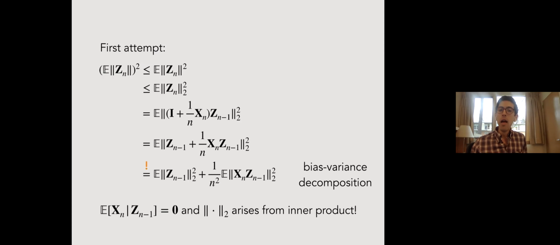In particular, it's conditionally mean 0 when I condition on Zn minus 1. And the Schatten-2 norm arises from an inner product, which means that I just get something that looks like the squared expectation and the expectation squared. This is nothing but a bias-variance decomposition of this random matrix here, using the fact that Xn is conditionally mean 0.